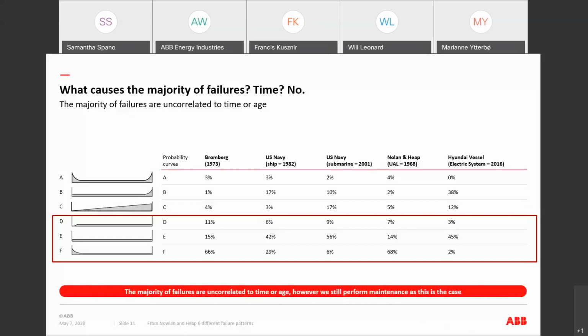So if time is not necessarily a good way of estimating when a piece of equipment is in need of maintenance, then what do we do? That's when we talk about data.